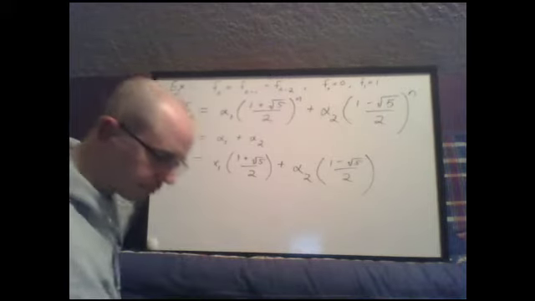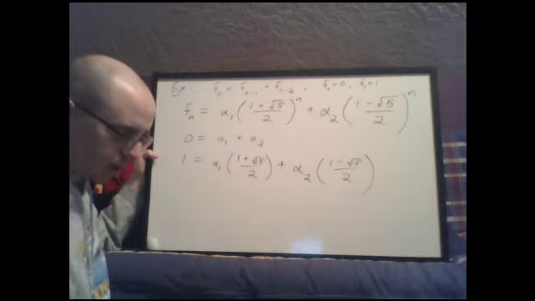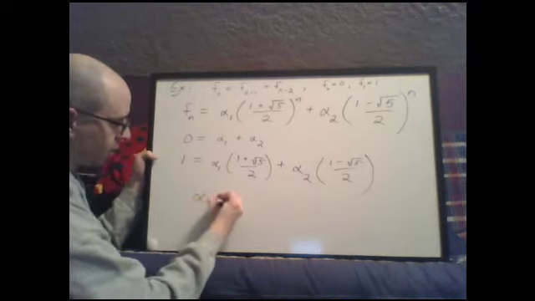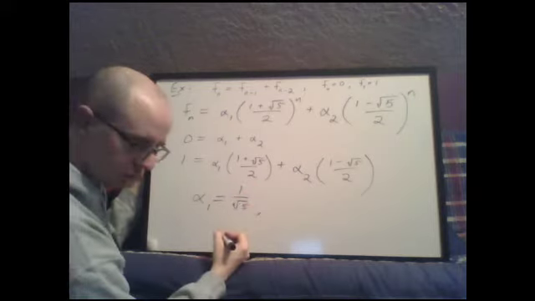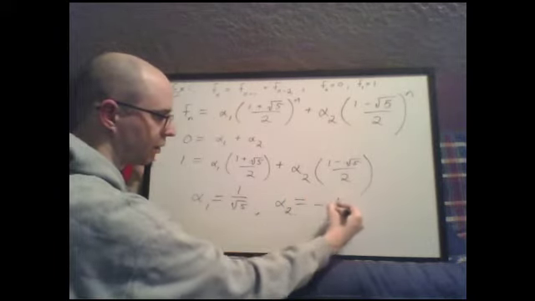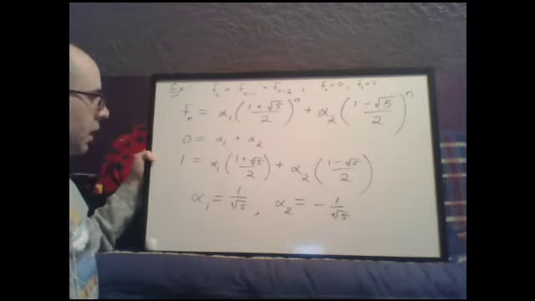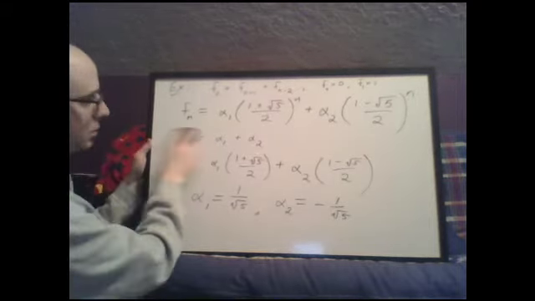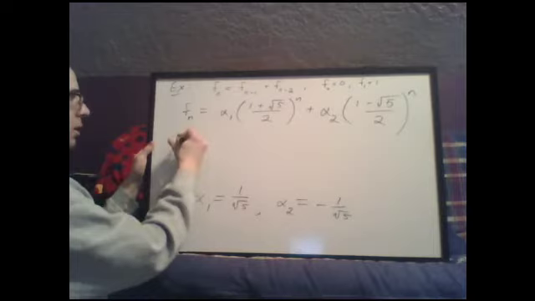Alpha 1, if I make sure I label things consistently, we should come out with alpha 1 equals 1 over square root 5, and alpha 2 equals the negative of that. Okay, so if you believe that, and do double check that, these are old notes that I didn't check beforehand. That should be right. That gives us our formula for Fn.